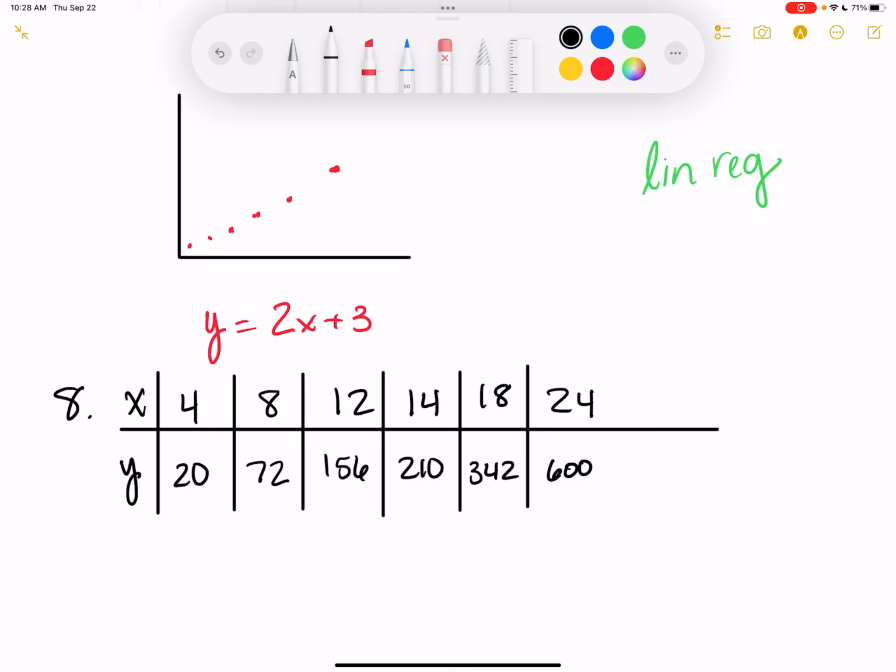There we go. Did you get it already? I'm still not like the line, not like the red thing. 14, 210, 342.